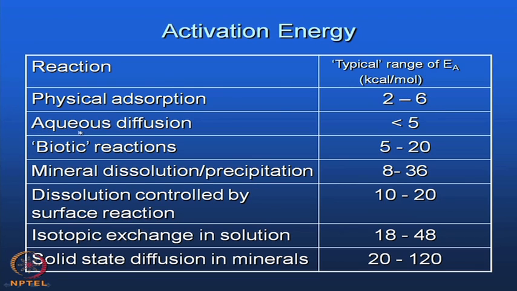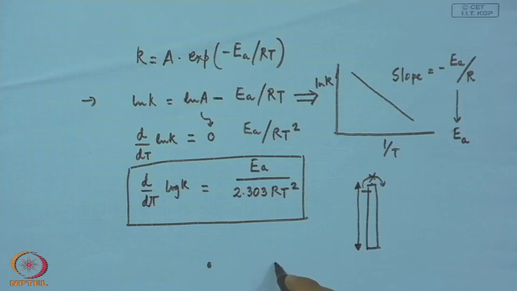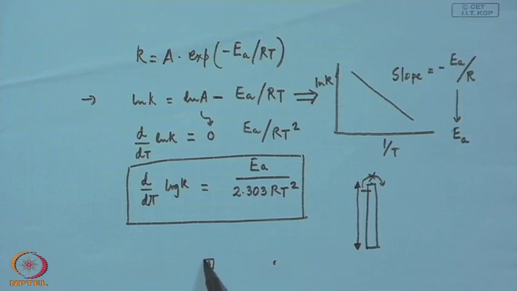Next comes aqueous diffusion. In an aqueous medium, if something is diffusing, it will also require some amount of energy to be diffused from one position to the other. Suppose the particle is here and it wants to move from here to here. If there is no vacant position, this particle cannot move.